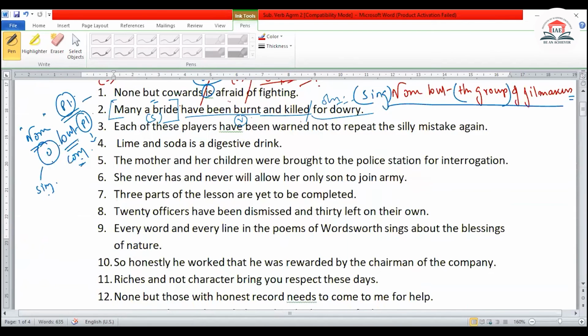Now, come to the question. See what happens there. Each of these players, many a bride. So many a, that means many one. That means we mean singularly. That's why bride is used singularly without s. Okay, up to this it is clear. Have been burnt, so there is no possibility of making it have been.